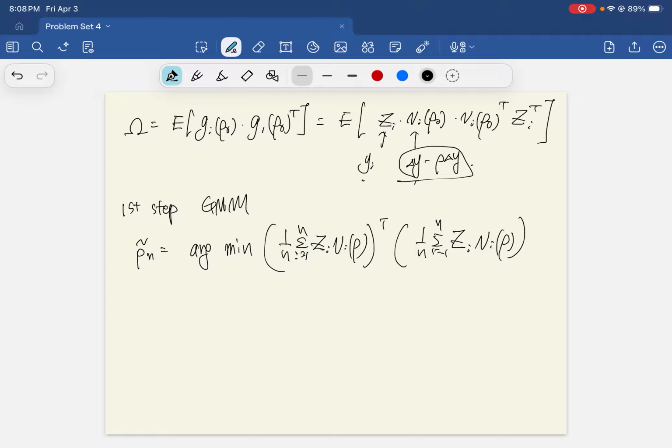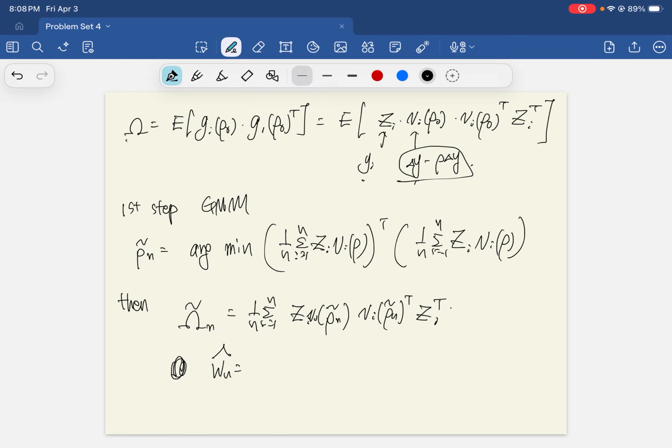This is one preliminary consistent estimator, and then I'm going to estimate this omega using V_i(rho tilde) and Z_i transpose. So this will be a possible weighting matrix. I'm going to use its inverse as the weighting matrix, so then it will be an optimal weighting matrix.